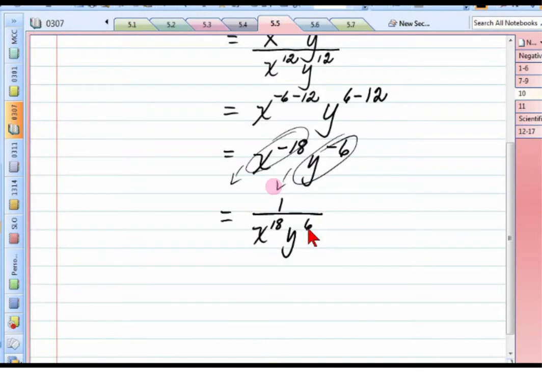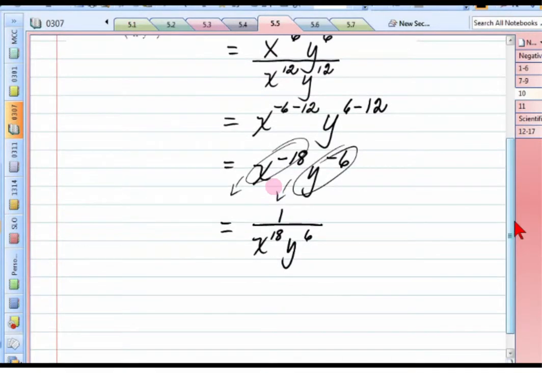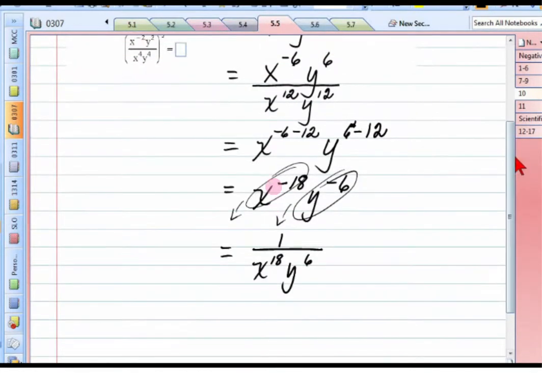When you've got negative 6... Okay, I have 6 minus 12. So I subtracted and kept the sign of the big one, which was the 12. Using the addition rules, although I didn't write it, remember there's kind of an implied little plus there. I'm subtracting the exponents of the x's and subtracting the exponents of the y's.